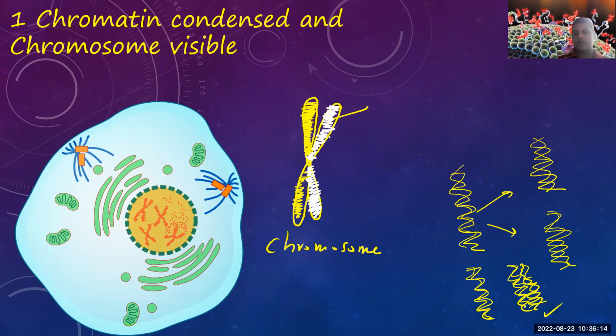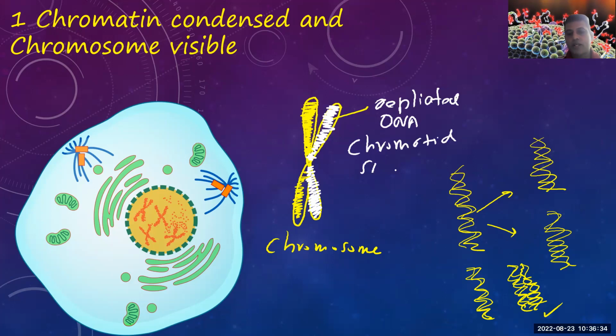They get together, right? So this is the replicated DNA, let's say the white one is the replicated DNA. And this one is called a chromatid.